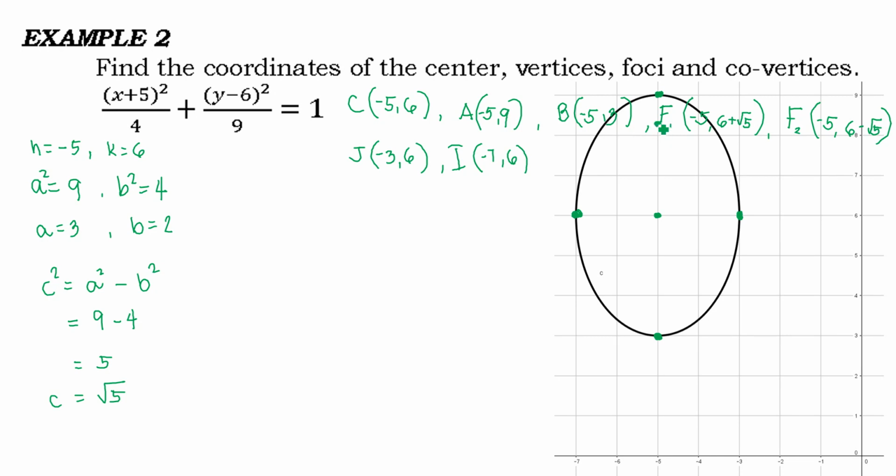And, our second foci, we have negative 5, then we have 6 minus square root of 5, which is roughly approximate to 3.76. So, parang ganun. So, parang nandito siya. Somewhere here.